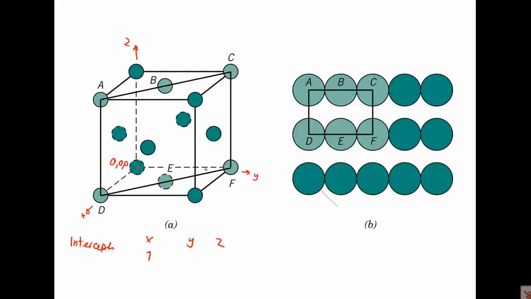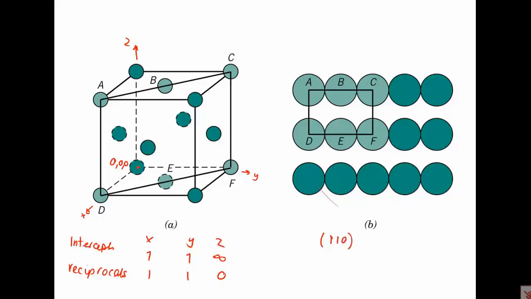In the x direction it cuts it at 1, in the y direction it cuts it at 1 also, and the z direction it's parallel to the z direction, so it cuts at infinity. We take the reciprocals and we get 1, 1, 0. So this plane is represented by the Miller indices 1, 1, 0.